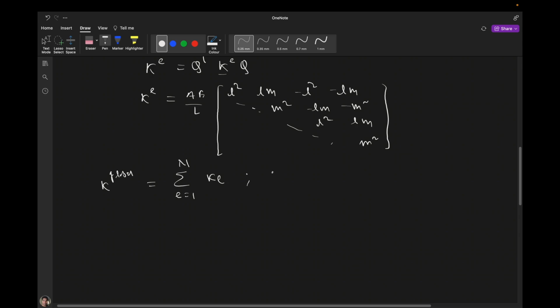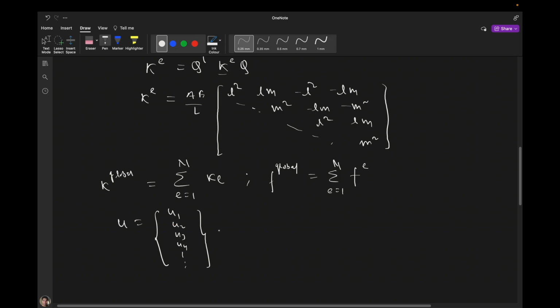Similarly, F global becomes the sum from E equal to 1 to N of Fe. And U we can write as U1, U2, U3, U4 and so on. If there are 3 elements, then it will go up to U6, and if it is a 4-element system, then it will go up to U8.